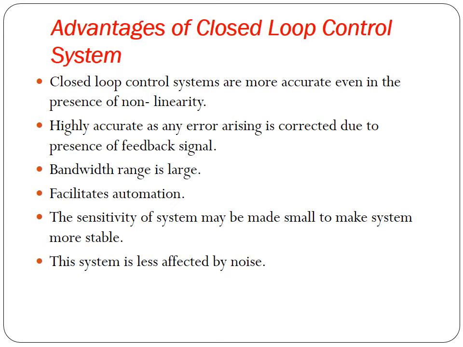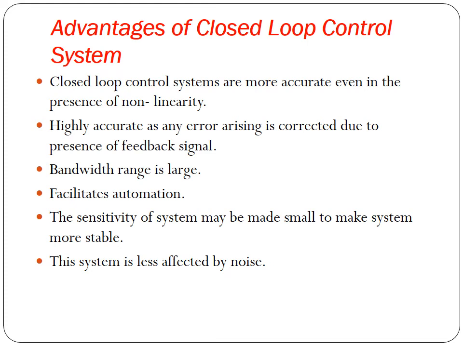Advantages of the closed loop control system include that they are more accurate even in the presence of non-linearity. Another one is it has a large bandwidth range. It also facilitates automation.